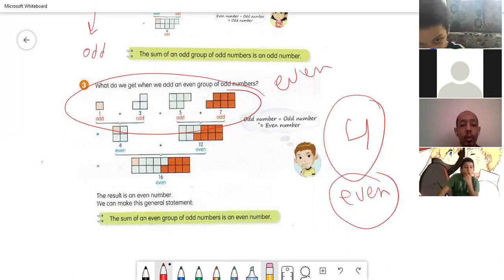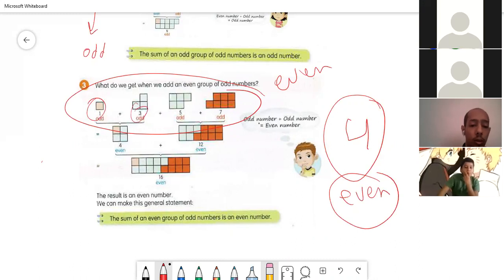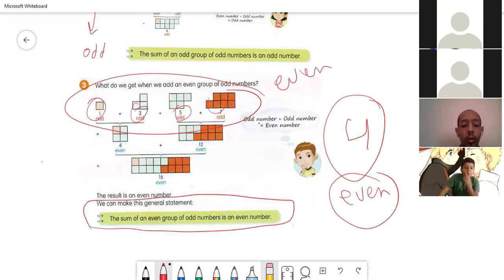And the numbers inside this even group are all odd numbers, okay? So the sum of an even group of odd numbers is an even number. So 1 plus 3 is even. 5 plus 7 is 12, which is even. 4 plus 12 is 16, which is also even. Okay?